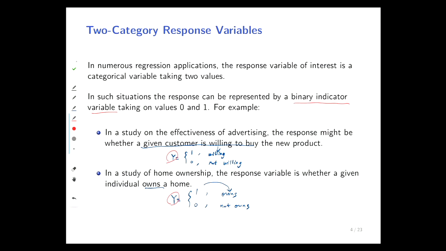Now we are considering using this kind of two-category variable as our response variable. So that's the difference compared to the multiple linear regression case. Because for multiple linear regression case, we have already solved the problem by using this two-category variable as the explanatory variable. But we have never talked about how to use this two-category variable as a response variable.